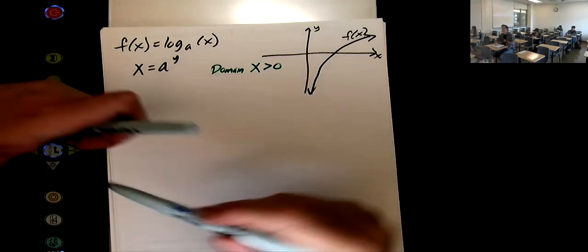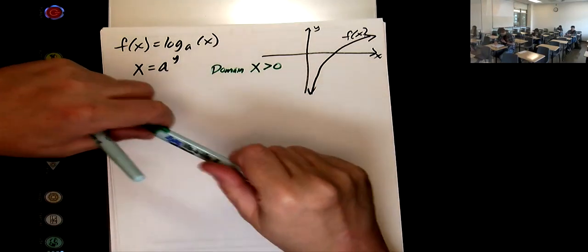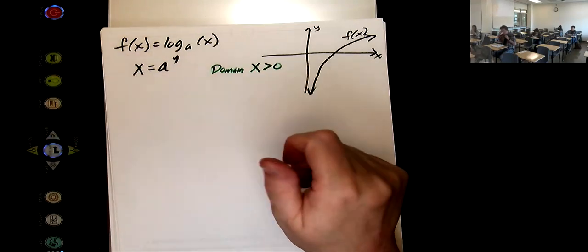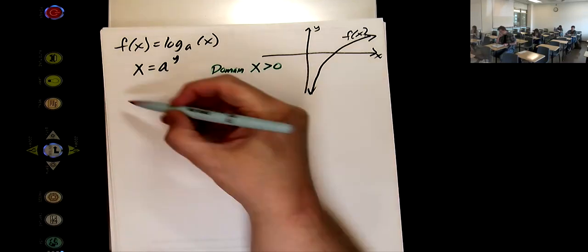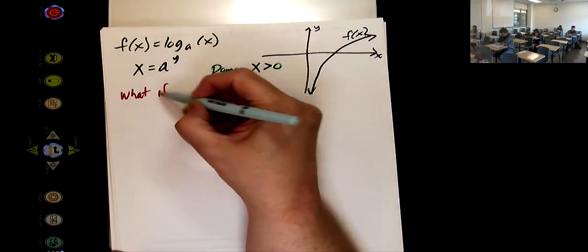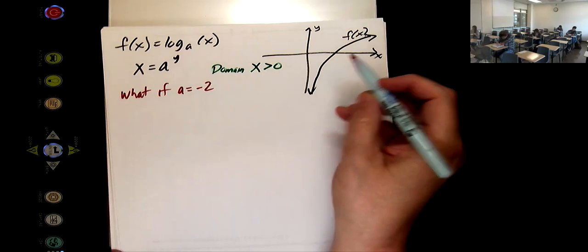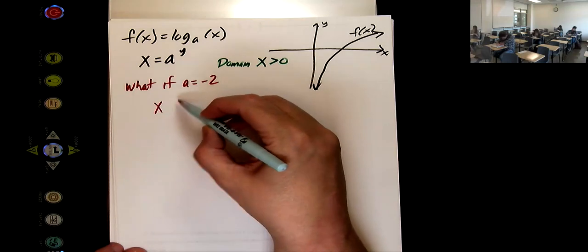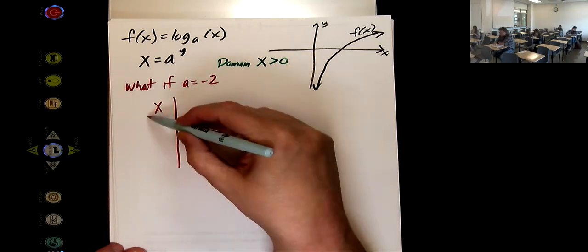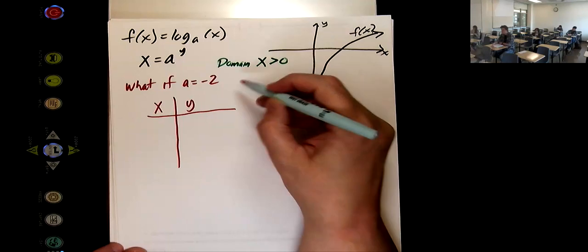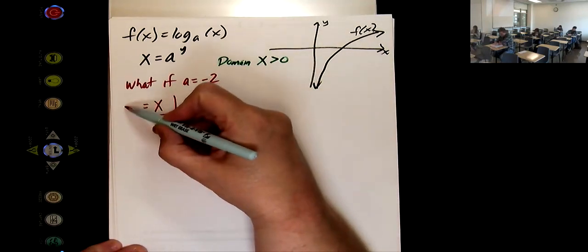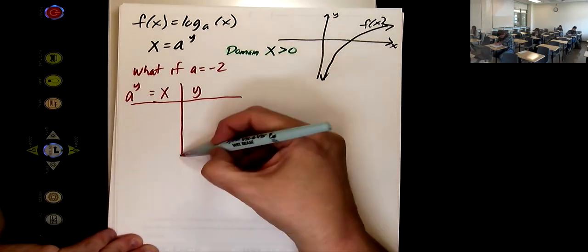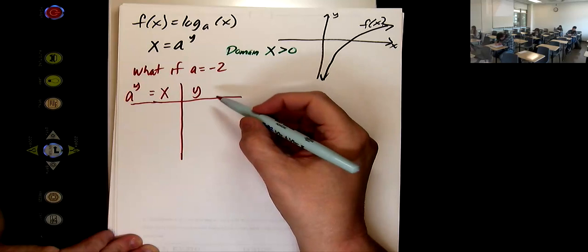What happens if we have a be a negative number? Let's say a is like -2. Let's just see what happens when I stick in values for y.